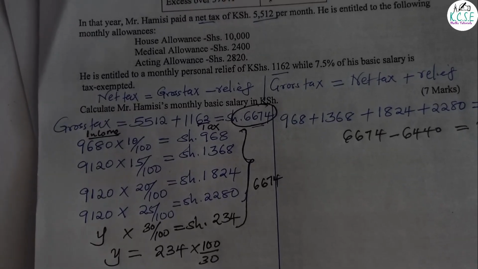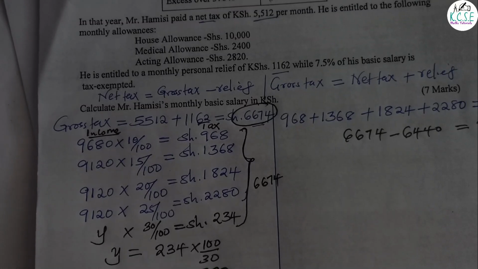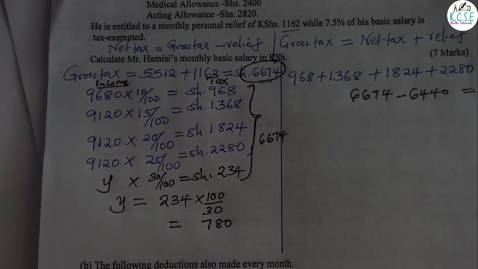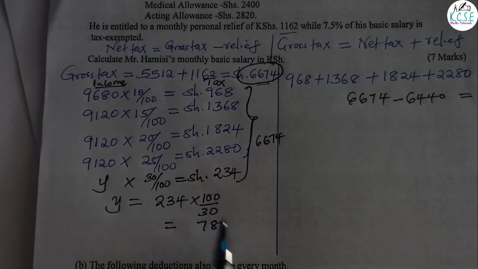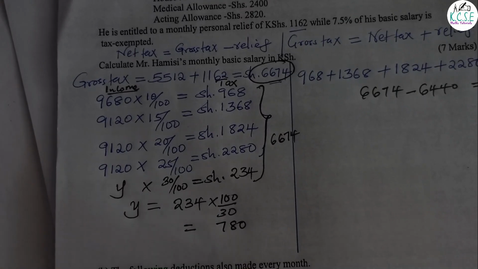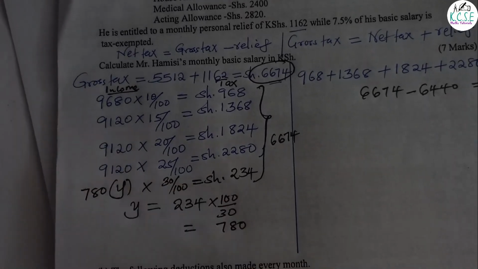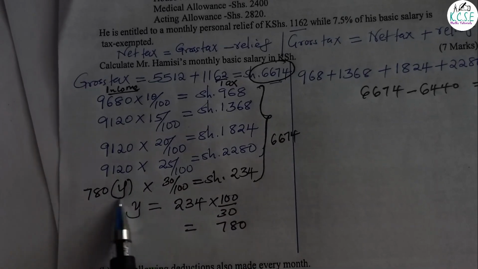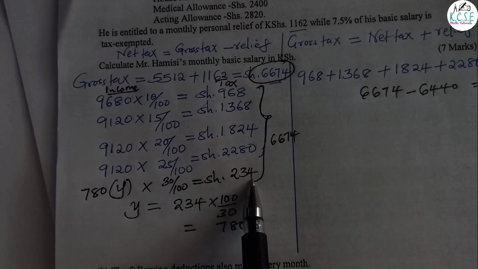When you multiply, that is 234 times 100 over 30, you get 780. So the income that is here should be 780. So 780 multiplied by 30% should give 234.